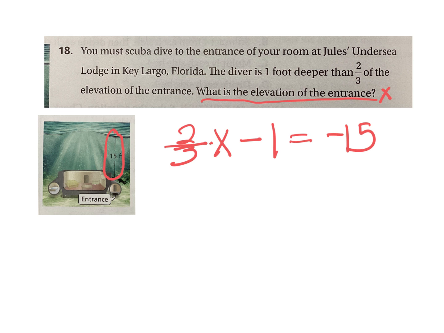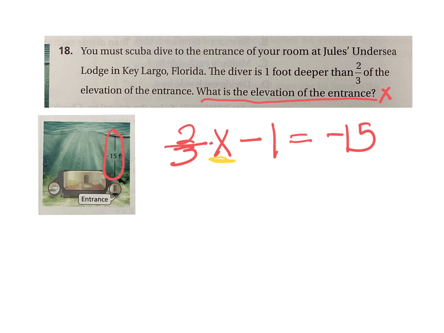So 2/3 times x minus that 1 foot is going to equal the negative 15. That'll tell us what elevation the entrance is at.